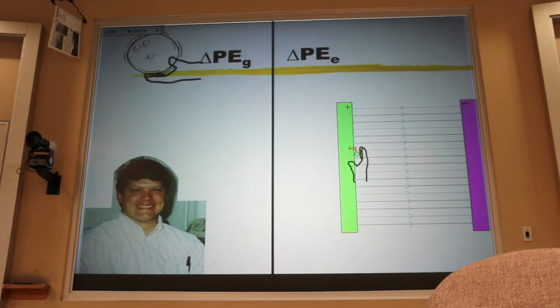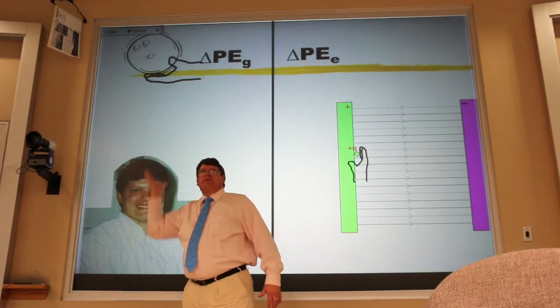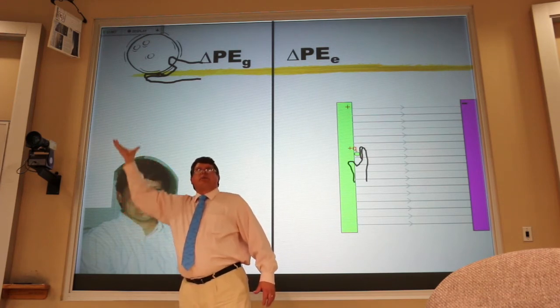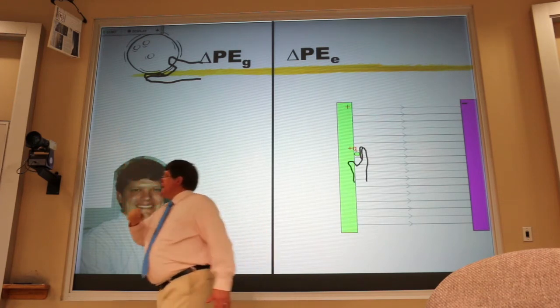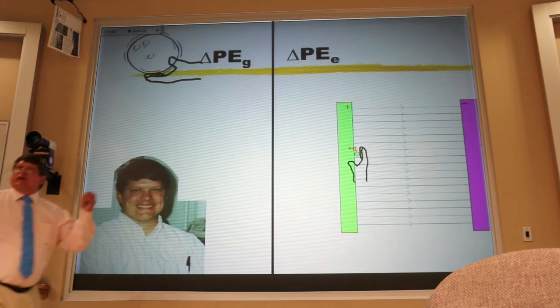And if I lift that bowling ball, the hand is pushing in the same direction that the bowling ball is going. The hand is doing positive work. If we do it in such a way that we don't change the kinetic energy, that positive work is giving me a positive change in electric potential energy.